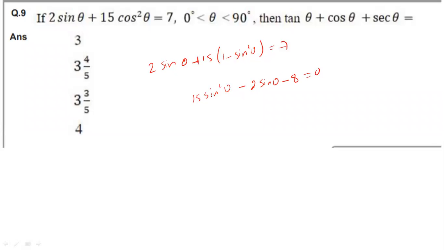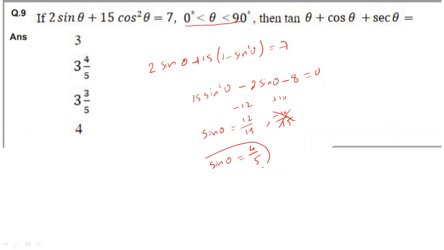So this is a quadratic equation in sin. So 15 into 8 is 120, minus 120. So I can write it as minus 12 and plus 10. That means sin theta should be either 12/15 or minus 10/15. But because it is in the first quadrant, minus cannot be possible. So sin theta is equal to 4/5.